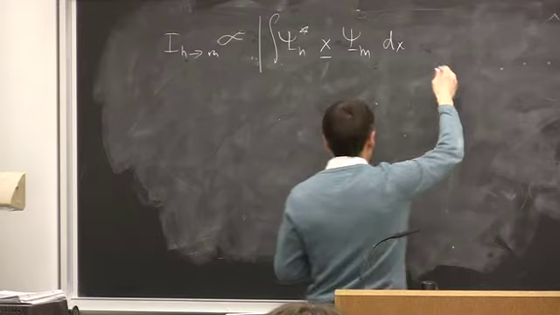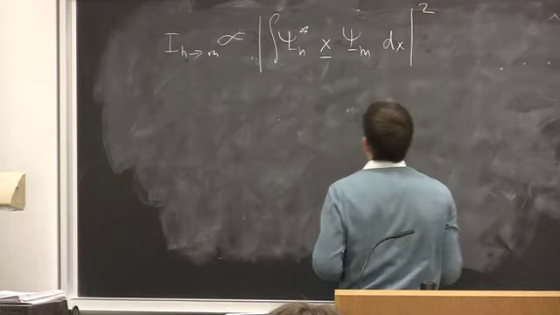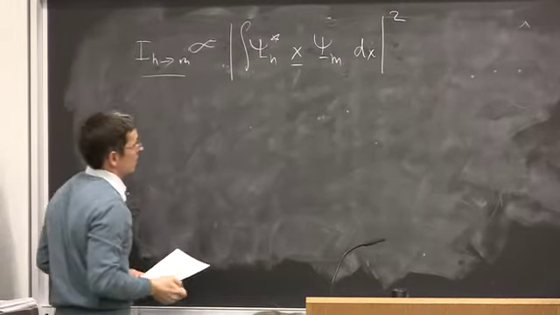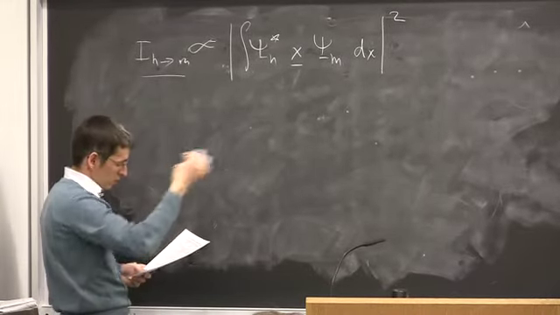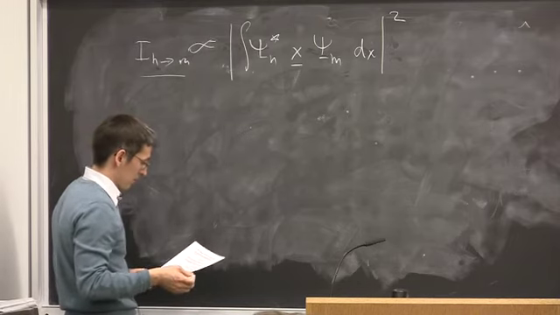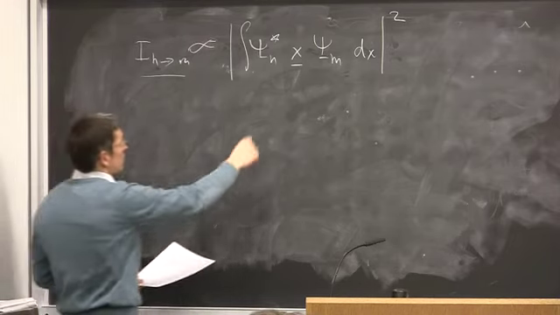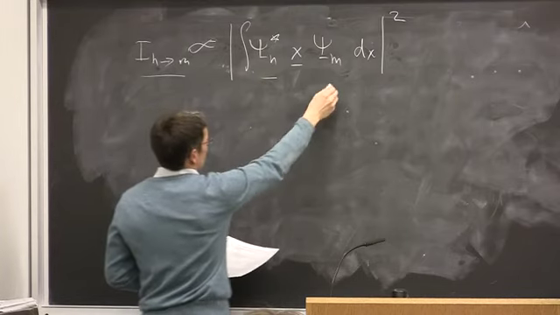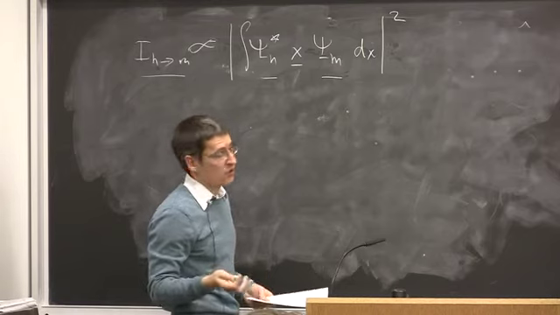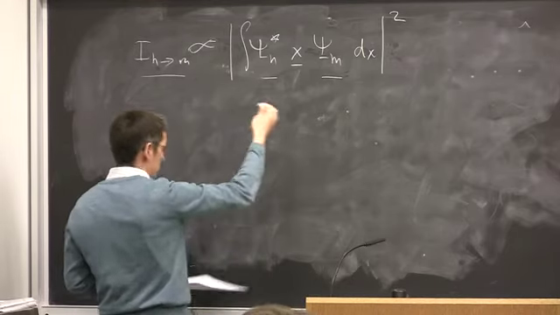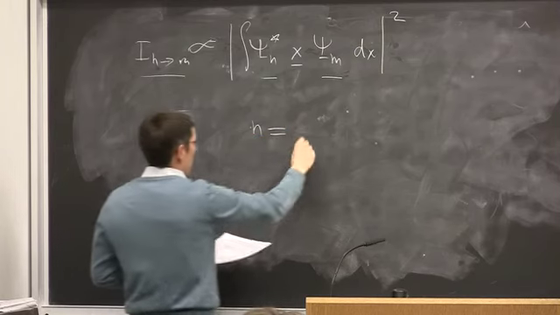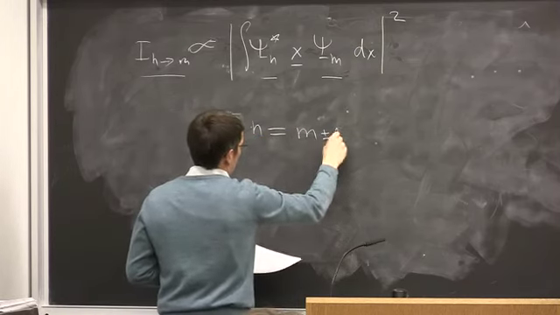Then the absolute value squared of that integral characterizes the intensity. Now, again, I'm not going to derive this, but state it more as a fact. And it turns out, if you consider this integral, because now you know what the harmonic oscillator eigenstate functions are, right? If you calculate this integral, you can find that n can be only m plus minus 1.